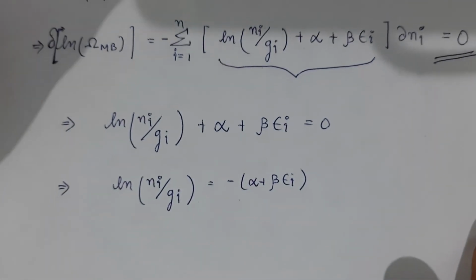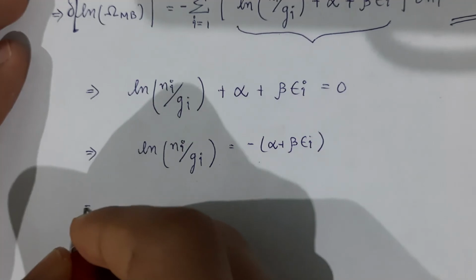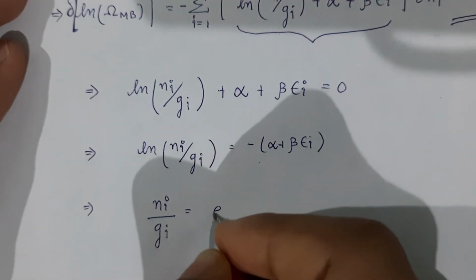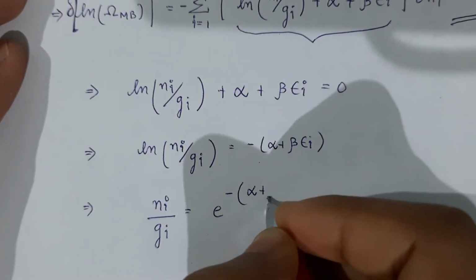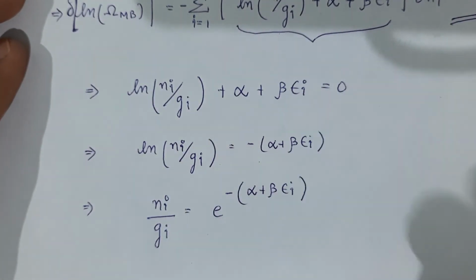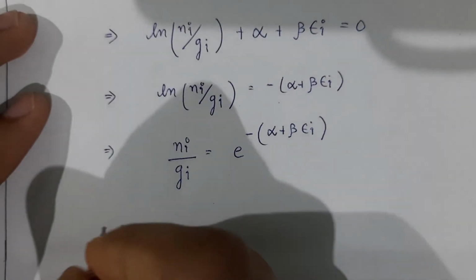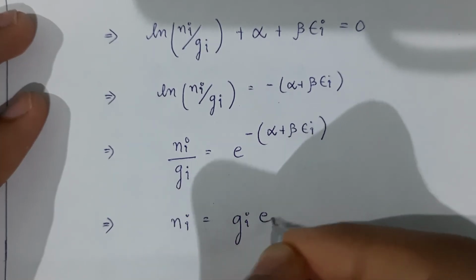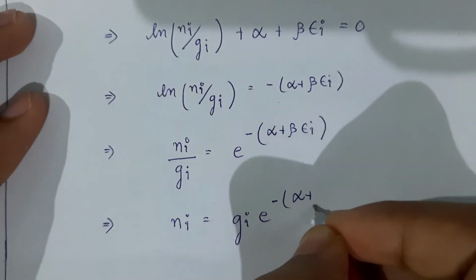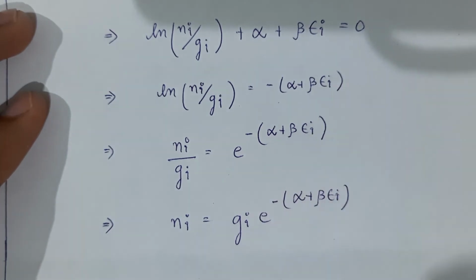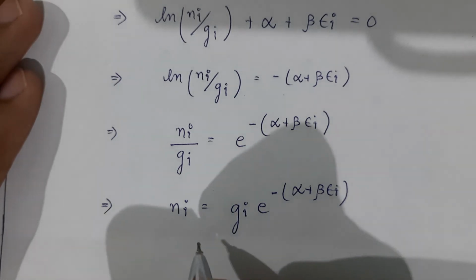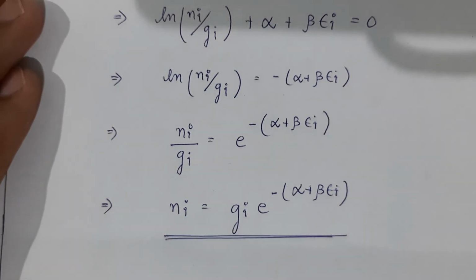Now opening the logarithm, we get Ni over Gi is equal to e to the power minus of alpha plus beta times Ei, and now taking the Gi to that side, we get Ni is equal to Gi times e to the power minus of alpha plus beta times Ei. So we are quite close to our final expression. This is what we get after equating our expression to 0.